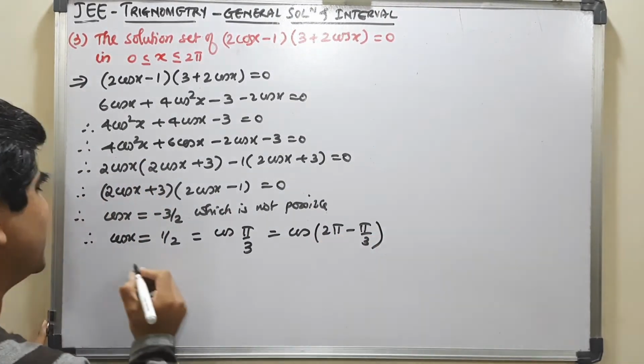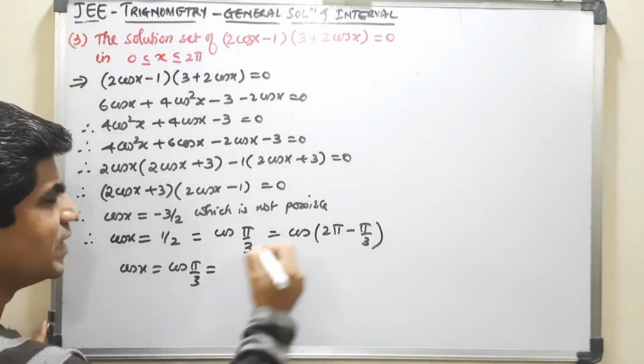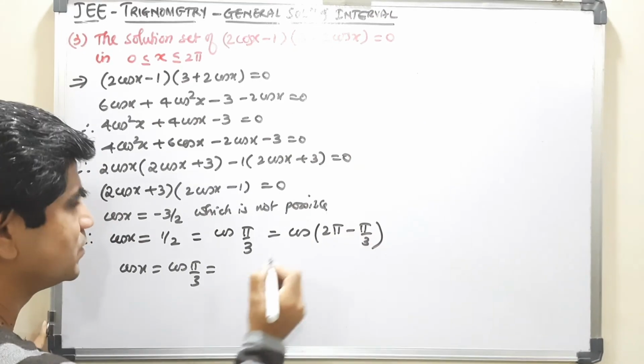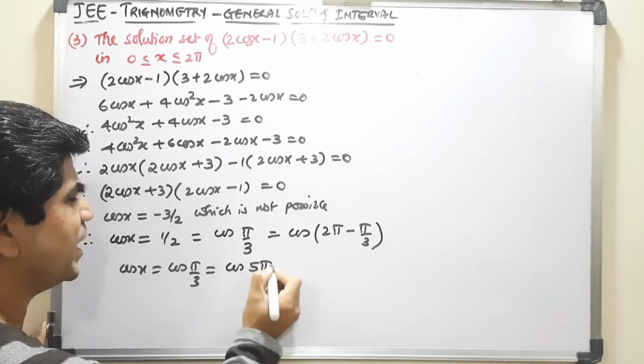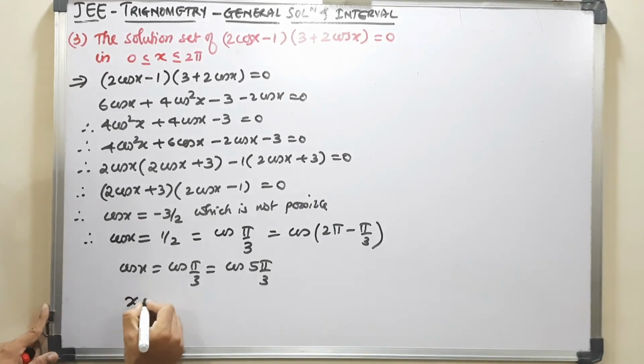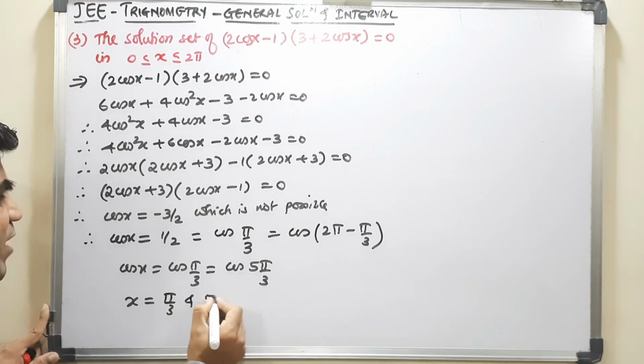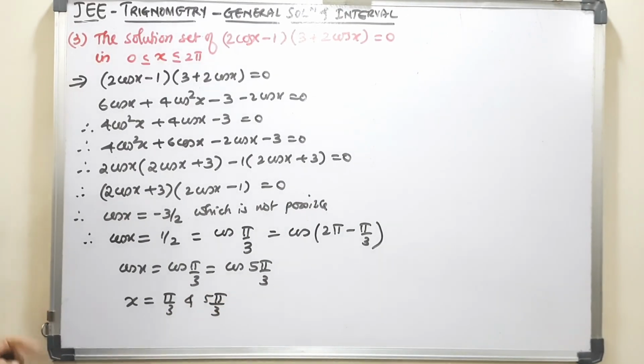So cos x is equal to cos pi by 3, and that will be equal to cos 5 pi by 3. That means your x belongs to pi by 3 and 5 pi by 3.